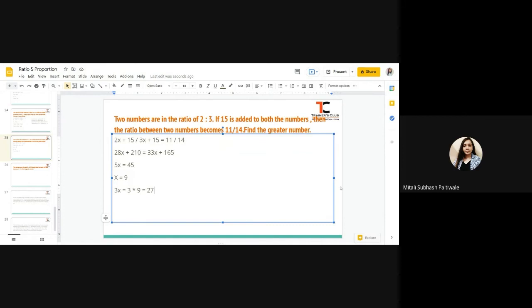Now, just to give you another example of it, let's find out. To find the first number or the second number, let's do one thing.